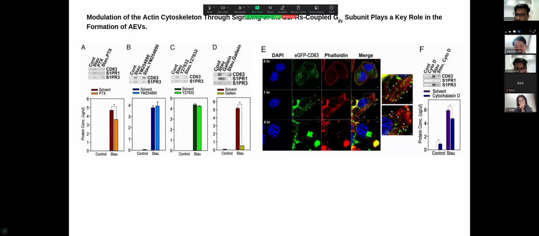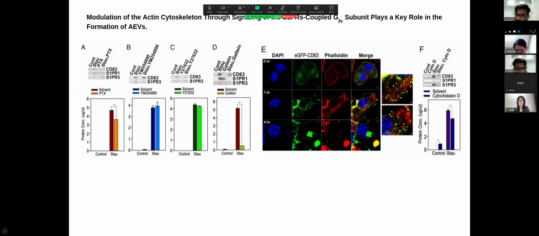Around 2018, when I was looking for papers, a small JBC paper suggested G beta gamma can also transduce signal and mobilize the cellular actin cytoskeleton.